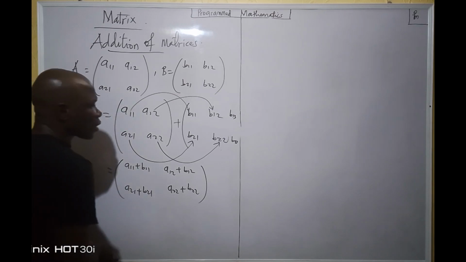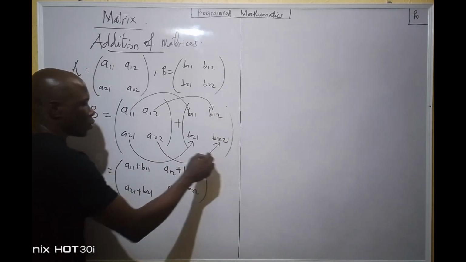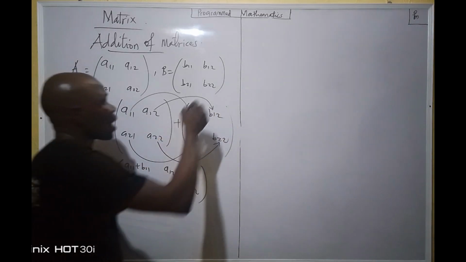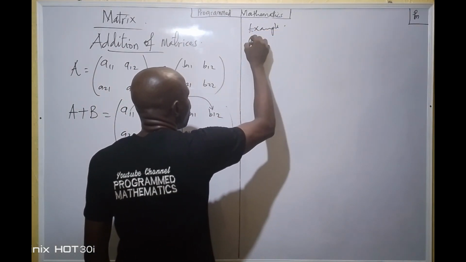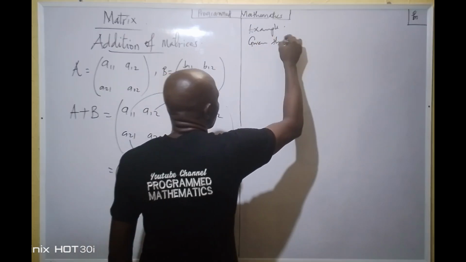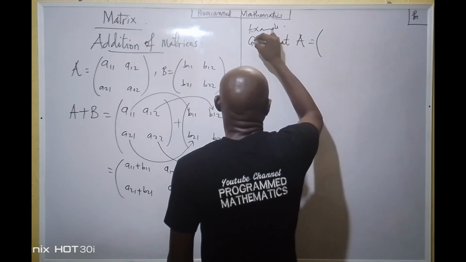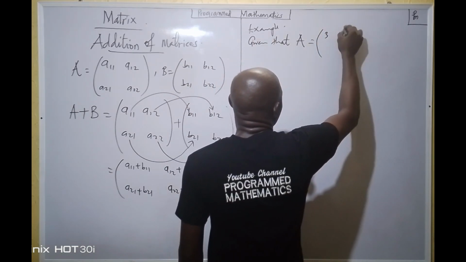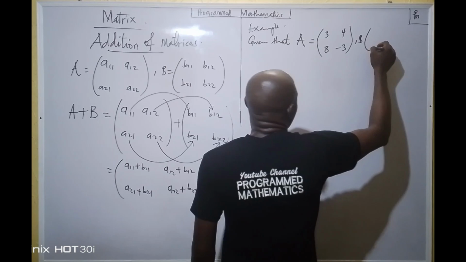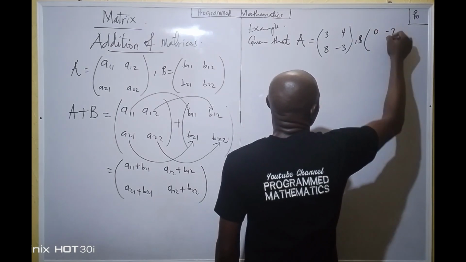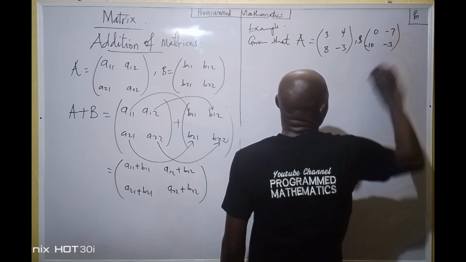If that is clear, now let's take some examples on this. So I'm going to return this to its former form. Example: given that matrix A is the matrix 3, 4, 8, minus 3, and matrix B is the matrix 0, minus 7, minus 10, minus 3 as well.